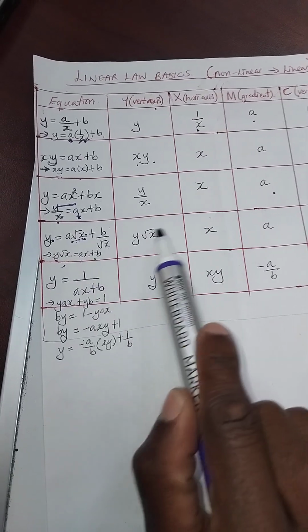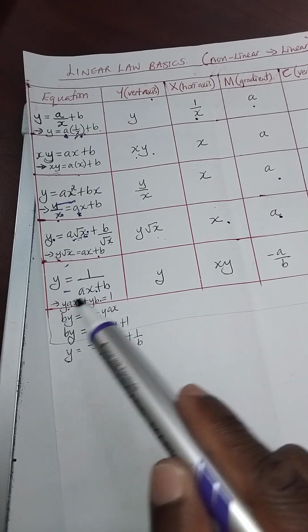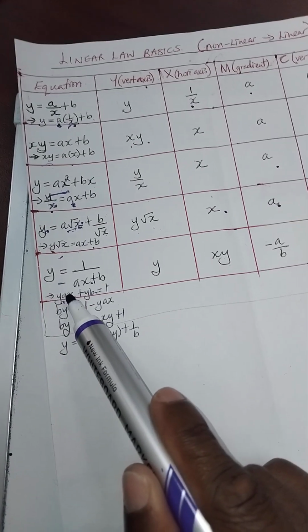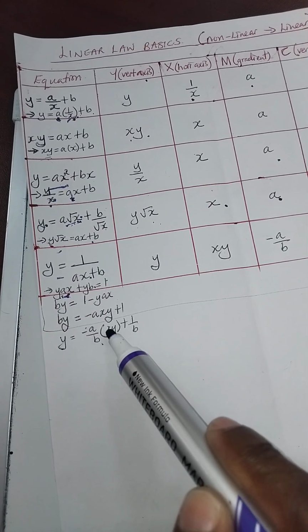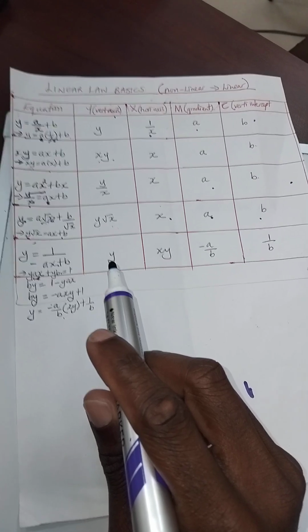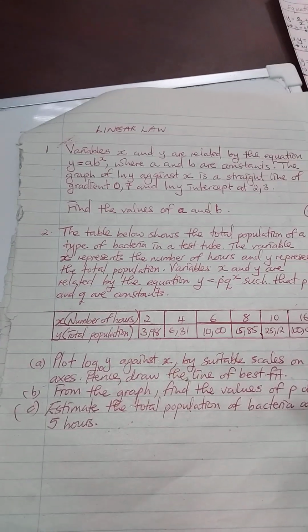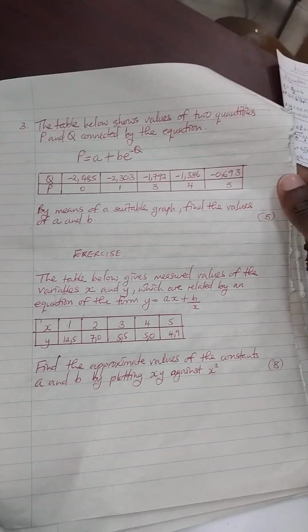So the y-axis is y root x, the x-axis is x, the gradient is a and the intercept is b. The same applies here. This is the form of our table, which I think we all see. This is what is called converting non-linear to linear. Now let us do our questions, numbers 1, 2 and 3, then the next exercise.